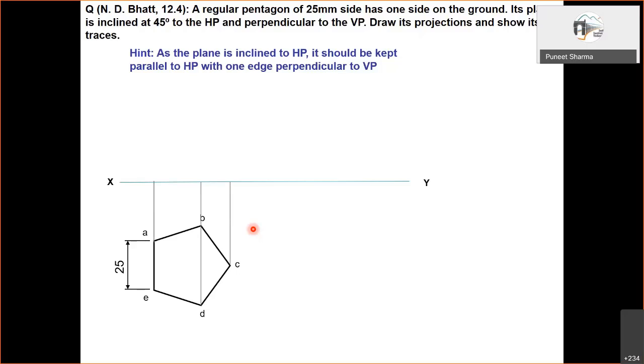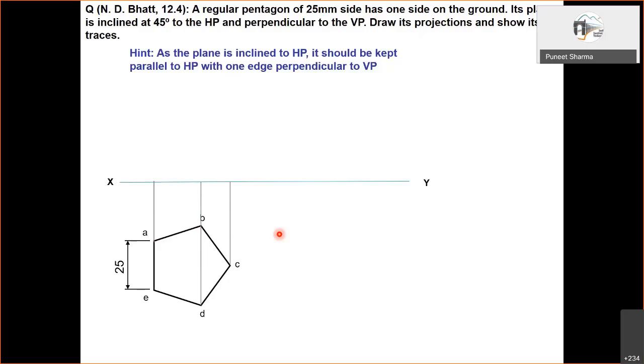So these projectors drawn from here, and then you get this corner point. A and E at the same location, B and D at the same location, and C over here. So you get a straight line.